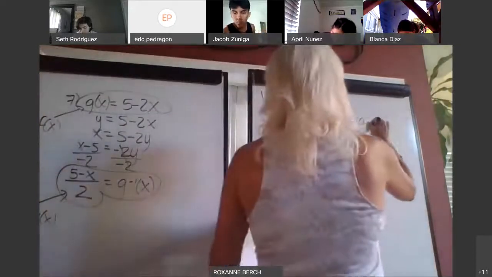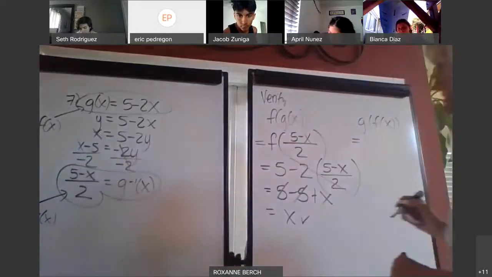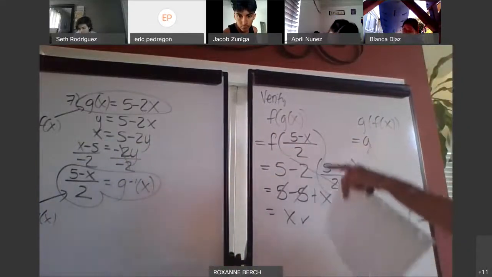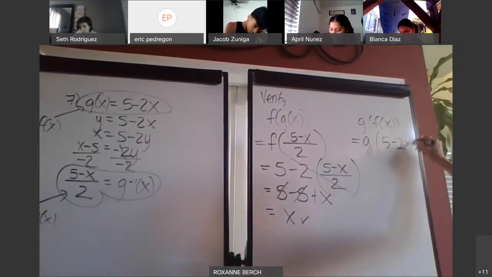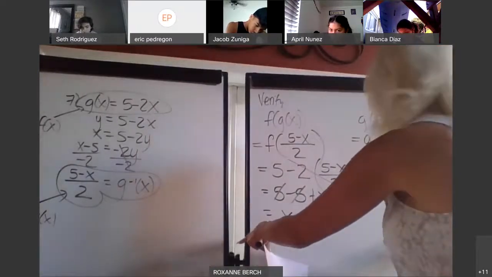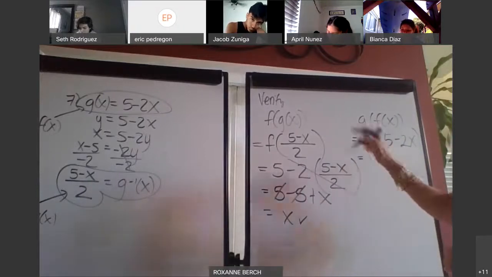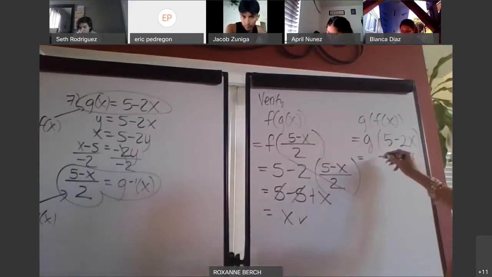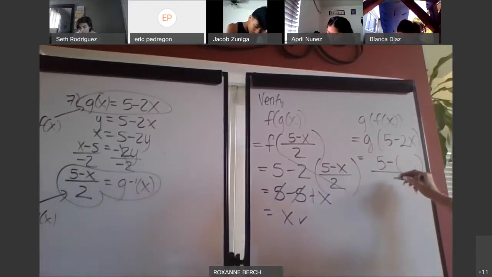So the other one, g of f of x, you're going to bring the g function down and put in the f function. Well, the f function, isn't that 5 minus 2x? So the g function is 5 minus something over 2, right?